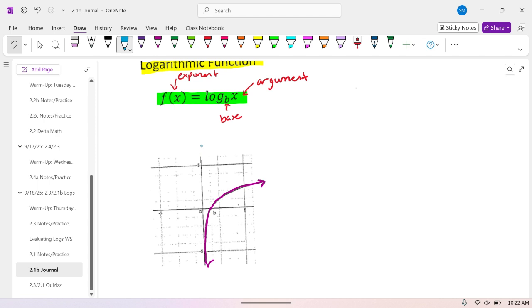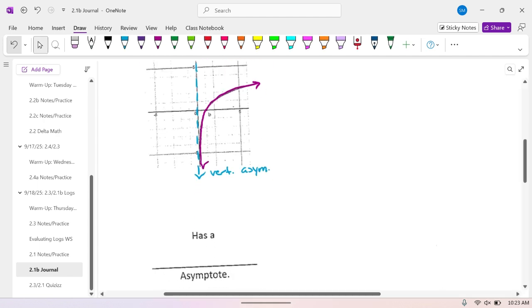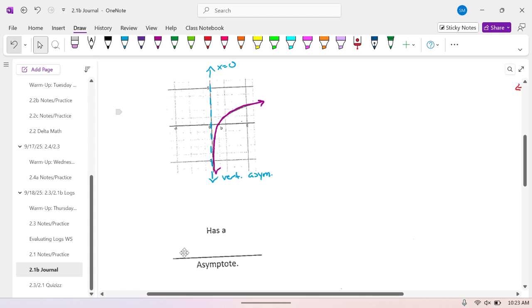Our vertical asymptote would be right here at x equals 0. So this is our vertical asymptote. Note, a logarithm always has a vertical asymptote.